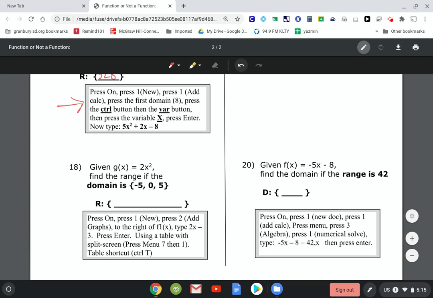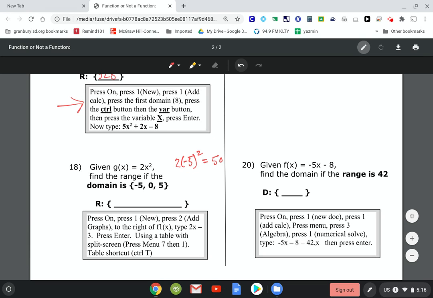But just to let you know by hand what it looks like, we would take 2 times -5 squared. So -5 squared, that's -5 times -5, which is 25. So 25 times 2 gives us 50.